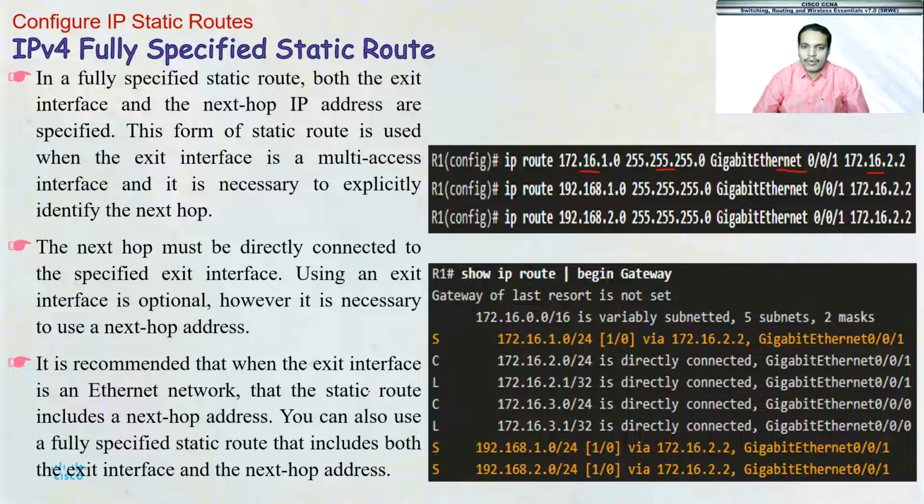It is recommended, when the exit interface is an Ethernet network, that the static route includes a next hop address as well. You can also use a fully specified static route that includes both the exit interface and the next hop address. This is how you mention the interface as well as the next hop's IP address. This is called a fully specified static route. So both the things are mentioned.